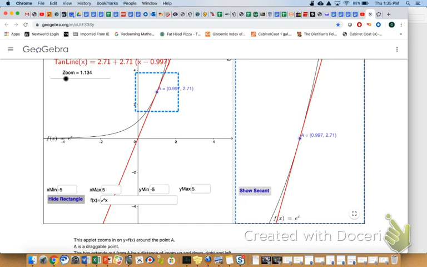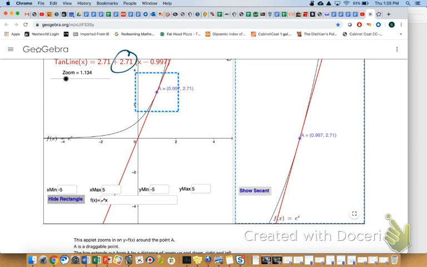Or you could say, what's the slope of the curve right there? 2.71. Yeah, 2.71. Where are you getting that from? There's a bunch of 2.71s. Which 2.71? The tangent line equation above. Yeah, but which? The one right by the parentheses. Yeah, so we're getting that tangent line slope from right there. Does that make sense? Okay.